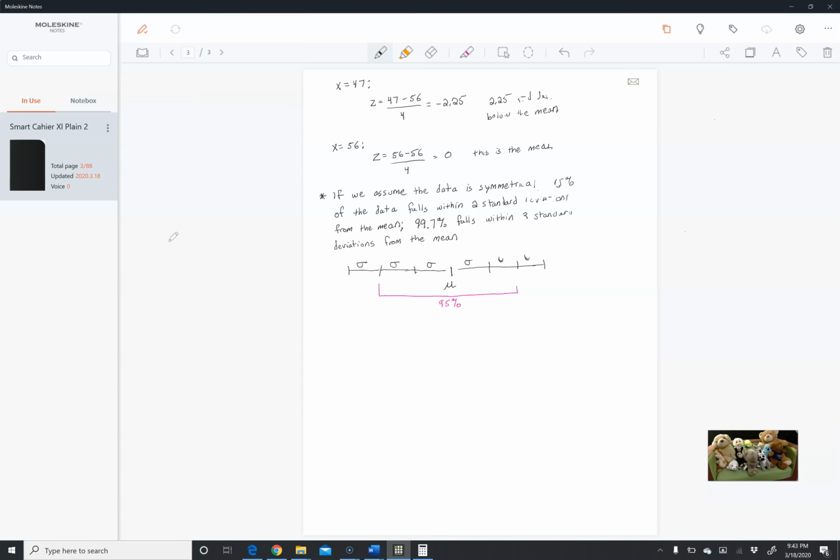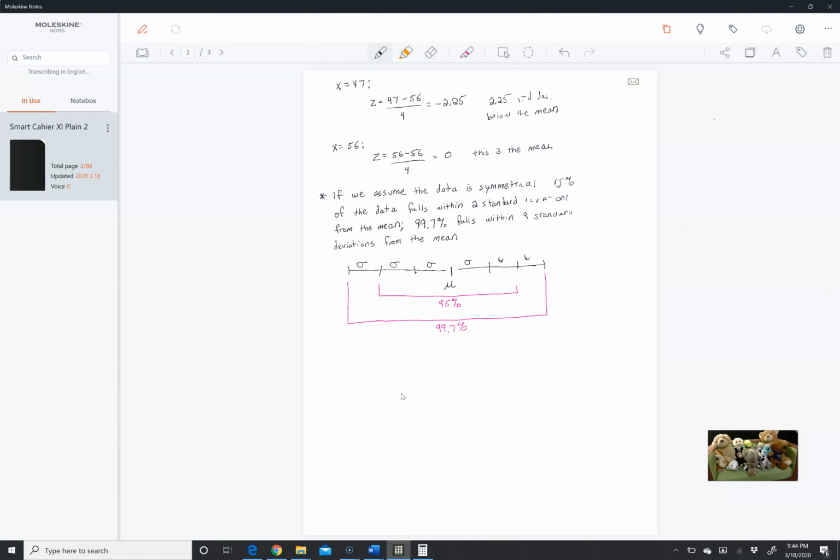And within the 3 standard deviations, this will include 99.7%. So only 0.3% will fall out here or out here. Again, this assumes that the data is symmetrical.